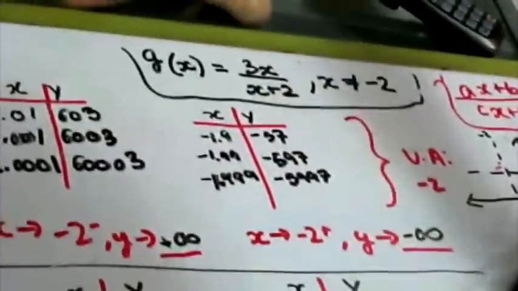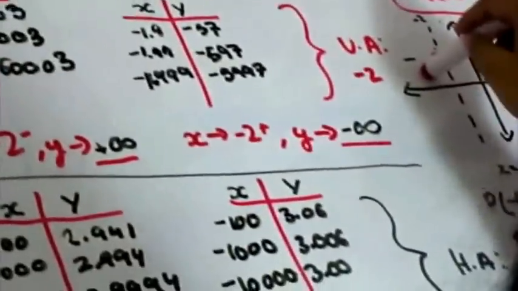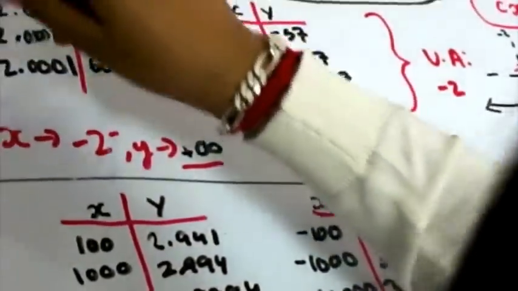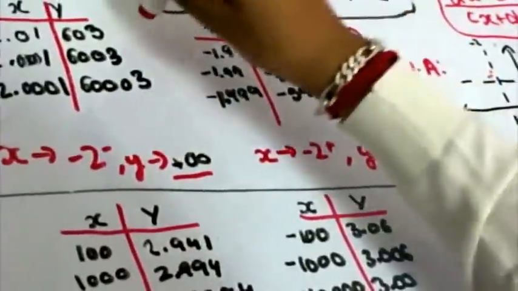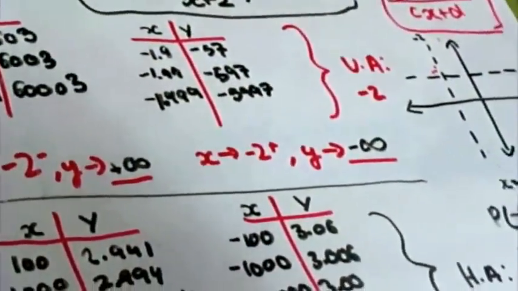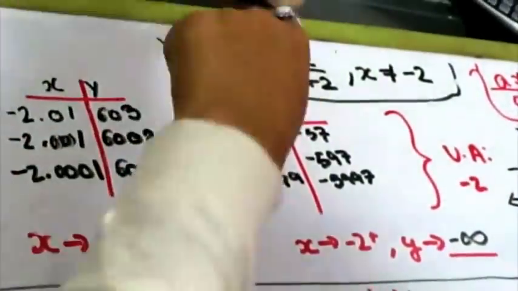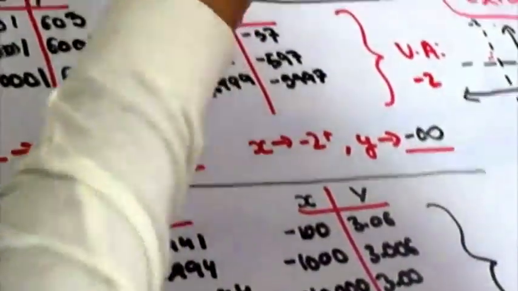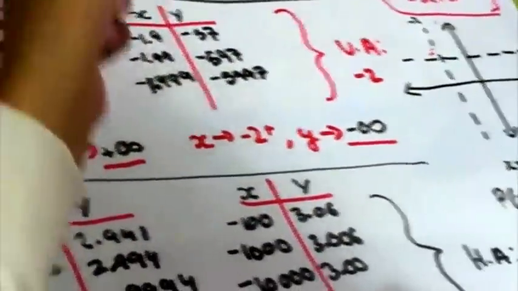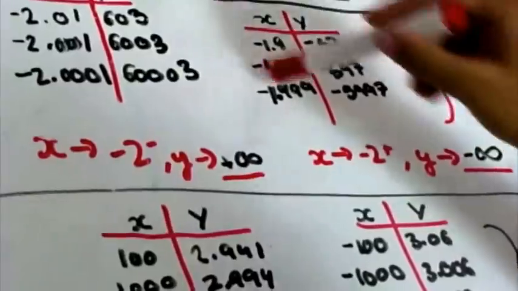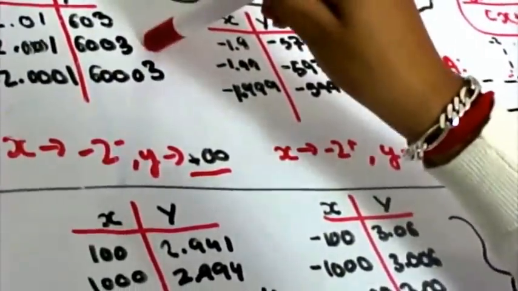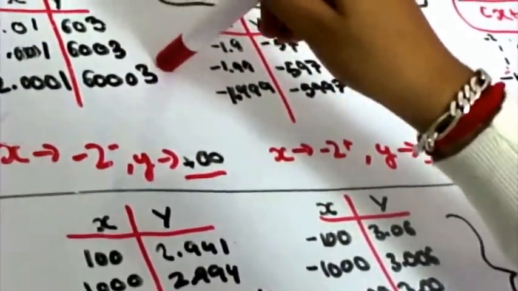Now we want to know what happens to the y's as these values get closer and closer to the vertical asymptote. What you have to do is plug these values into your original function and see what it spits out as the y value. So we got 603, 6,003, and 60,003.